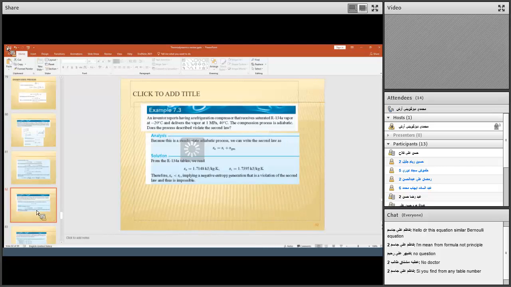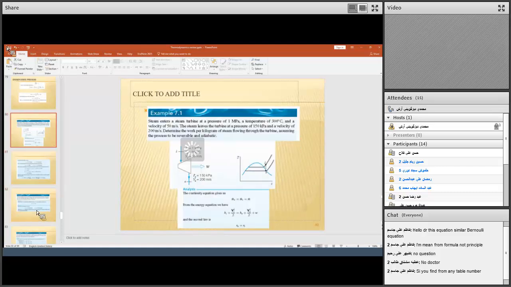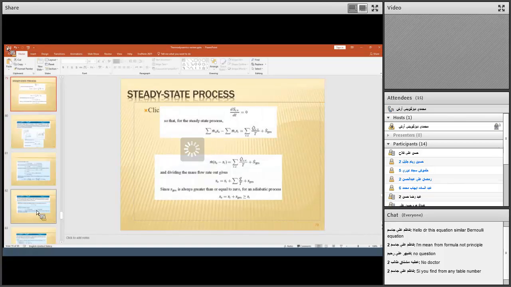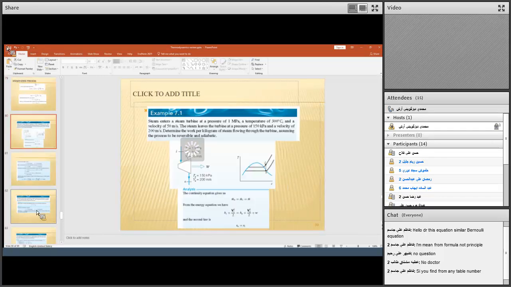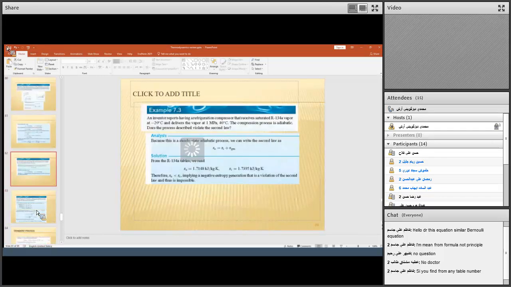So entropy at inlet is more than entropy at outlet. But the equation requires entropy at exit to be more than entropy at inlet. So this process violates the second law of thermodynamics. Any question?